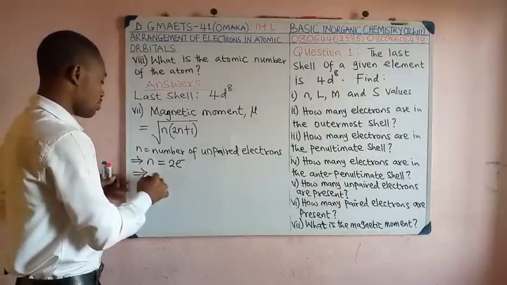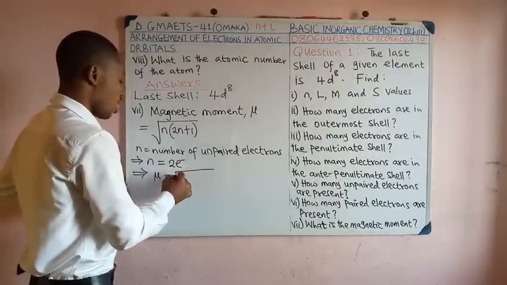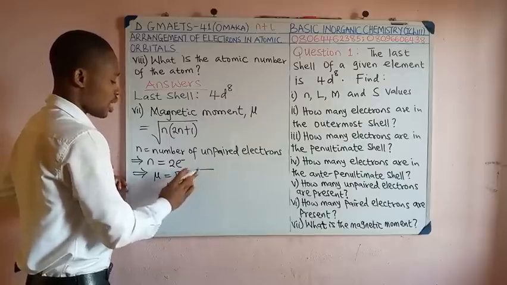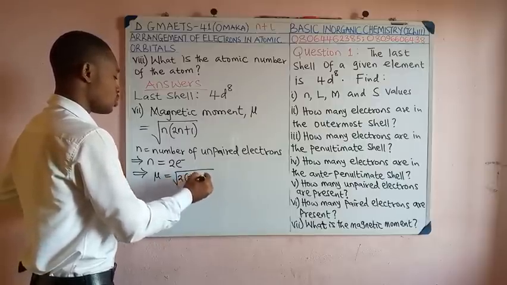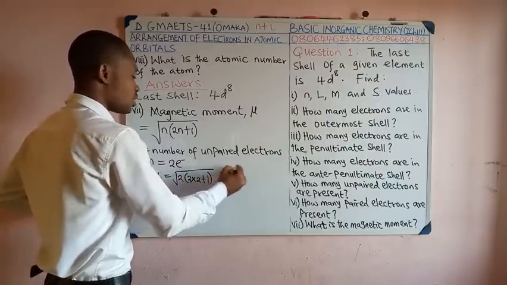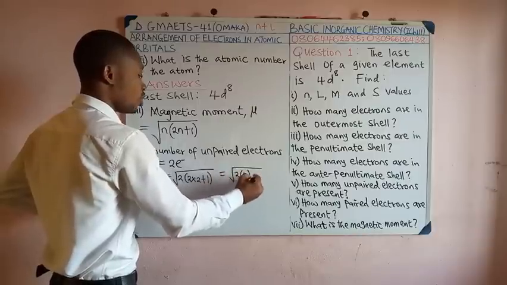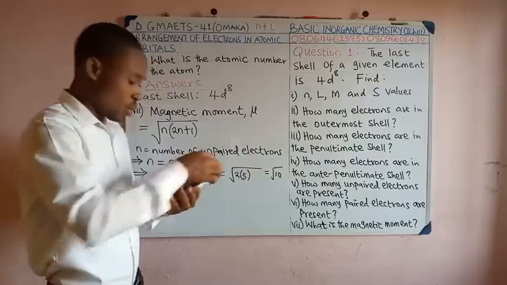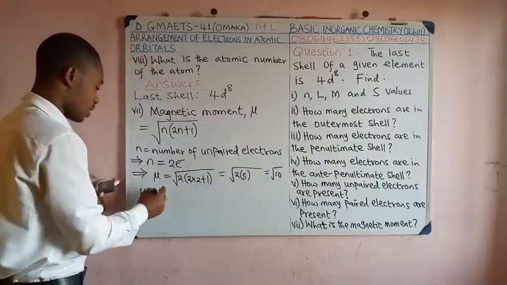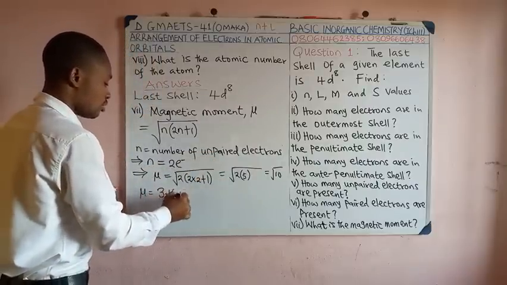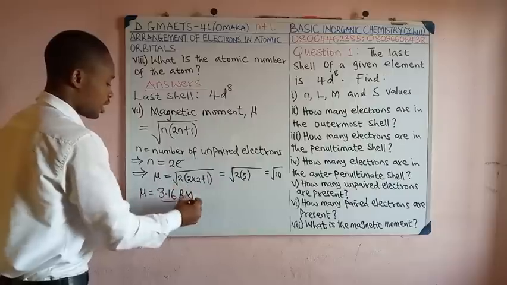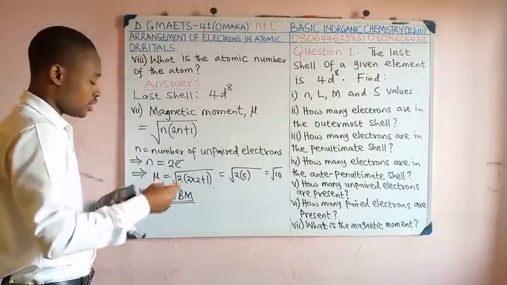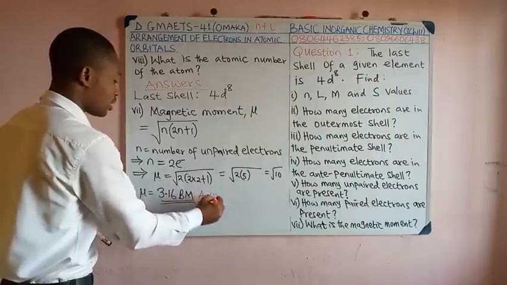So it means that the magnetic moment will be square root of 2 bracket 2 plus 2, which is 2 times 4. Working out this, you're going to get square root of 8, which will give us 2.83. Remember, the unit of magnetic moment is Bohr magneton. So this is the result of the magnetic moment.